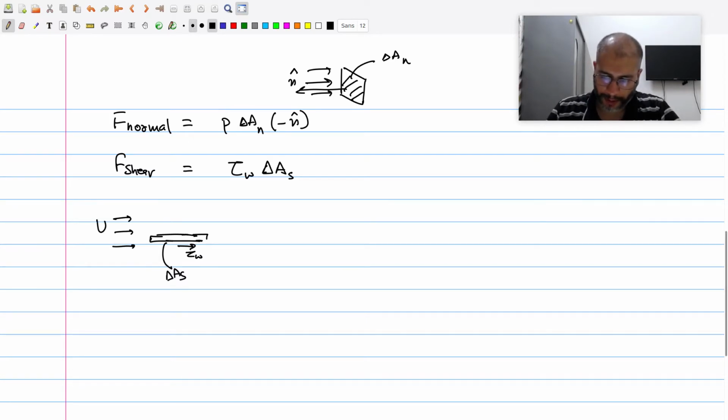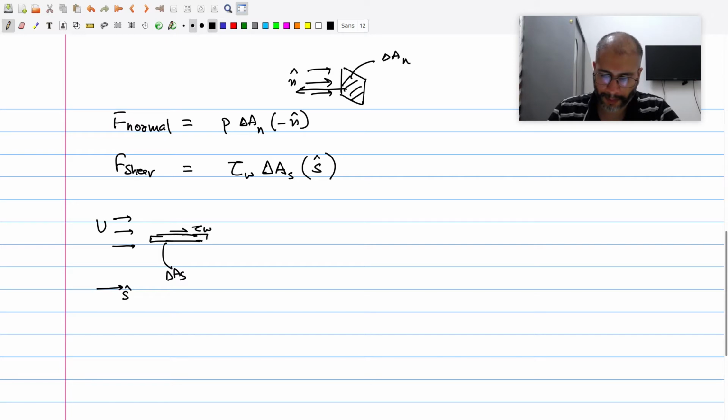I'm sorry, this is acting on the top surface. So these are the two kinds of forces that act, and in this case the force is actually along the direction of the flow. Let's call this S hat along the direction. So this is along S hat.